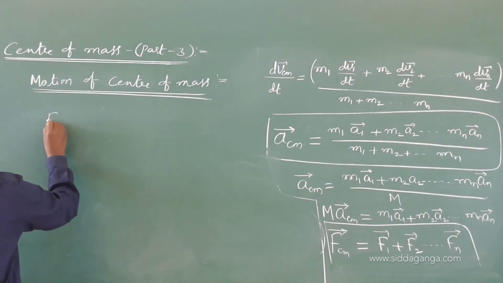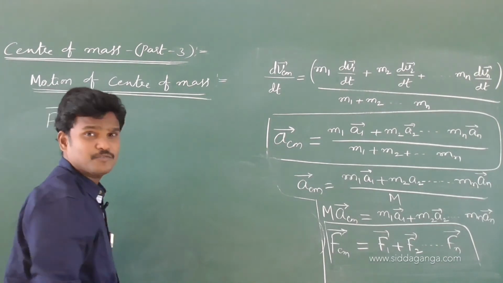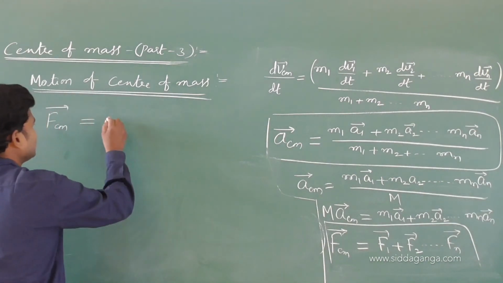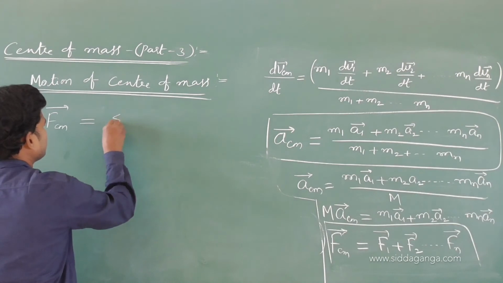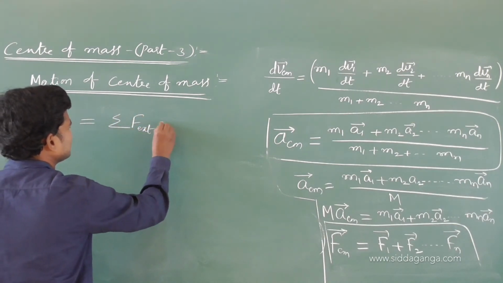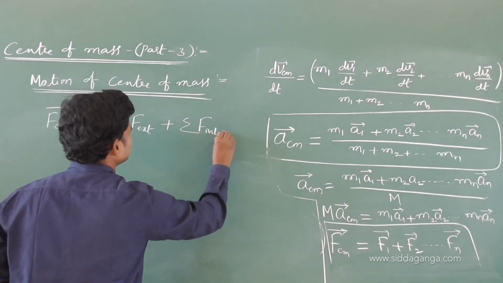See, we got FCM bar, which is equivalent to the sum of individual forces acting on the system of particles, and those individual forces we can call the summation of F external forces and summation of F internal forces.